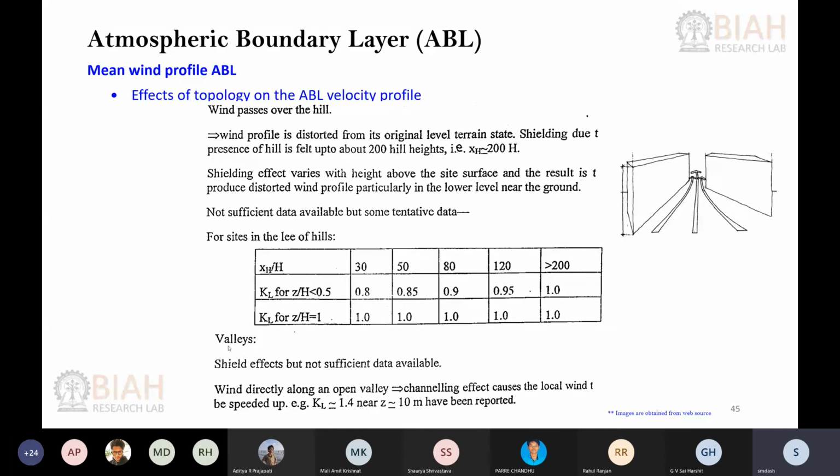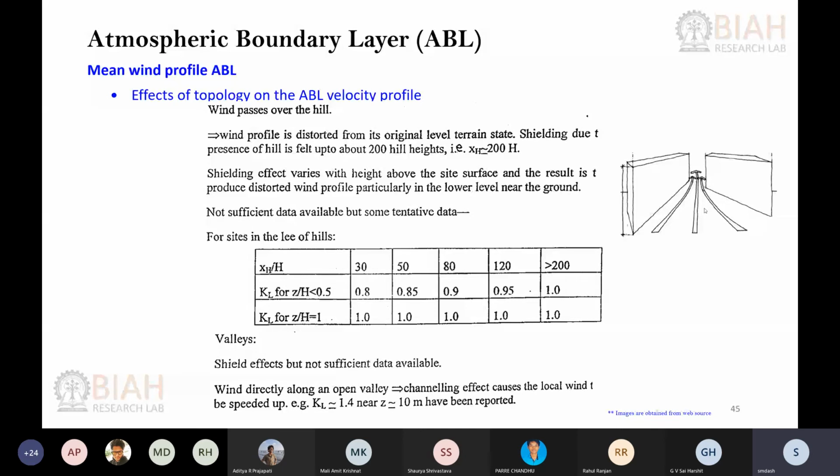There is another interesting thing. We just saw that the velocity values over the hill surface will be less than the actual values or undisturbed wind condition. But in a valley region, you can see that the velocity will be higher than the undisturbed wind condition, and that happens because of the Venturi effect or the channeling effect, like I have shown here. You can imagine that if I have a curved surface, then some of the wind will rush through.